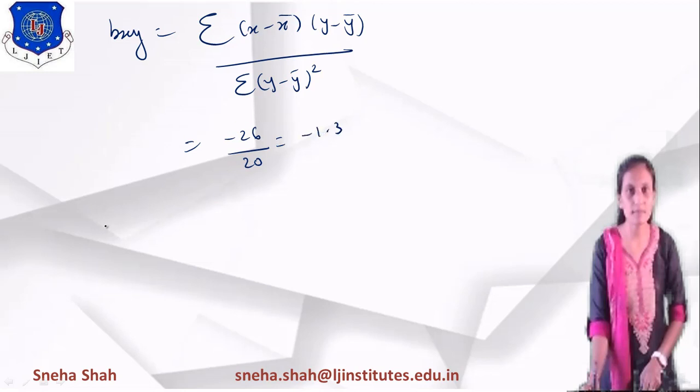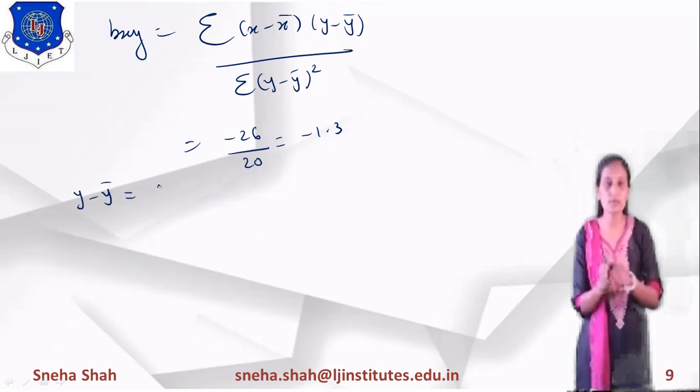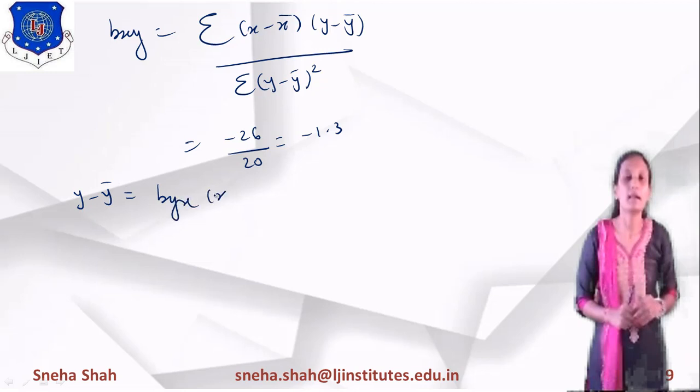Now I am putting this value of the regression coefficient in the regression line equation, right? So what is the equation of the regression lines, y on x and x on y? The first equation is like this: y minus y bar equals Vyx times (x minus x bar), right? Now in this, if I am putting all these values, what is the value of y bar?